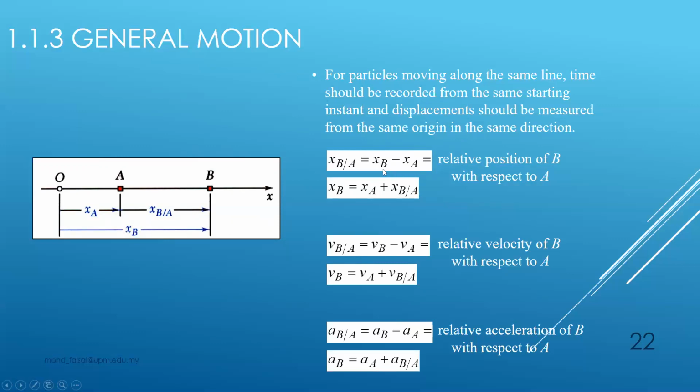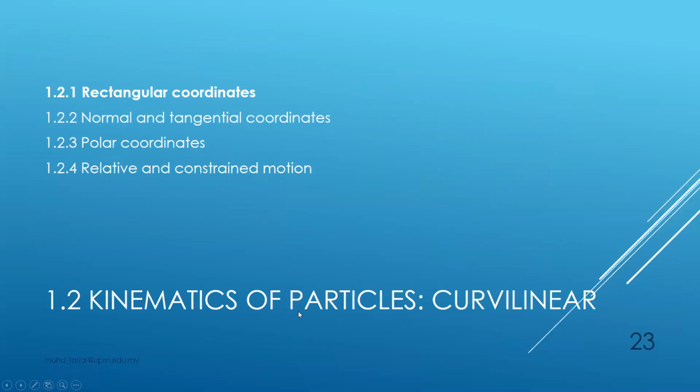Or you can also say that XB is equal to XA plus XB with respect to A. The rest follows for velocity and also acceleration, the same procedure. Thank you.